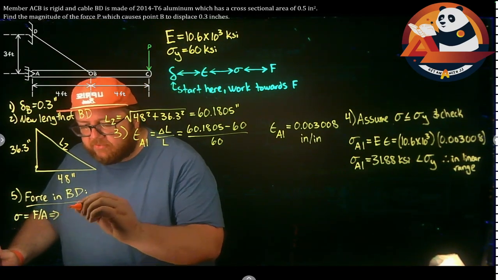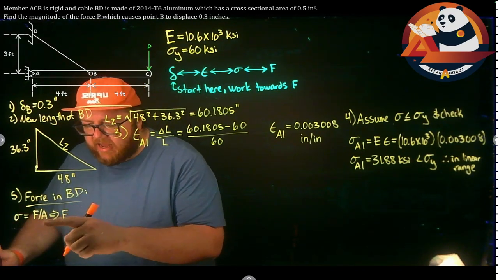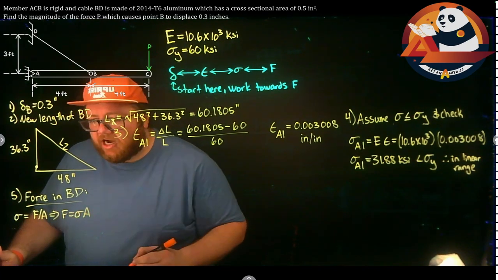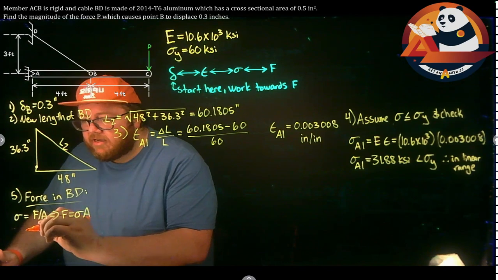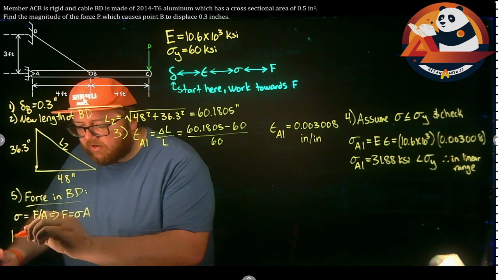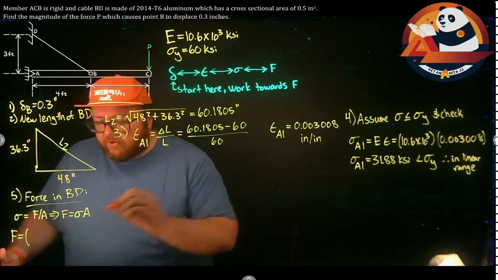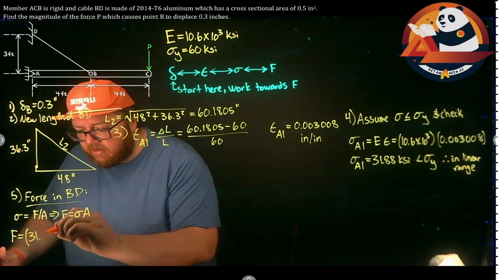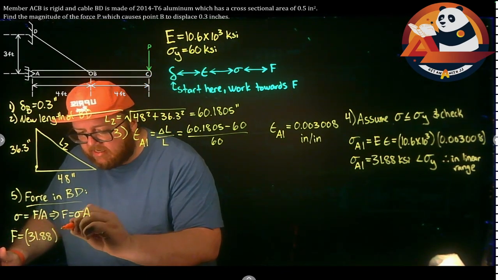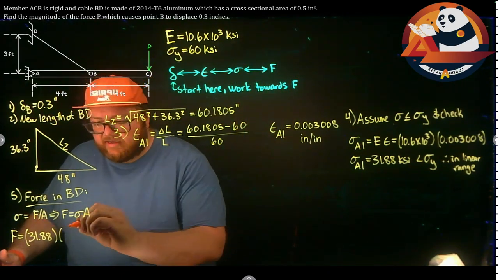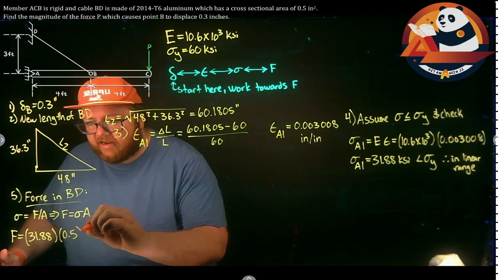Rearranging this equation, we get that the force, F, is sigma A. And I can just put in numbers in this then. My force should be my stress, 31.88, times the area we were given, 0.5 times 0.5.